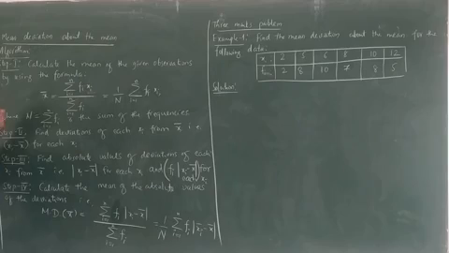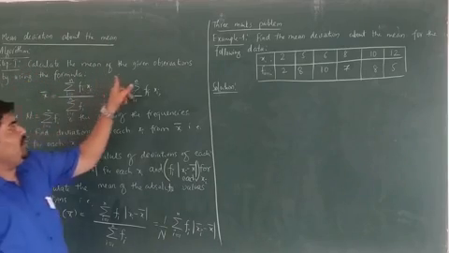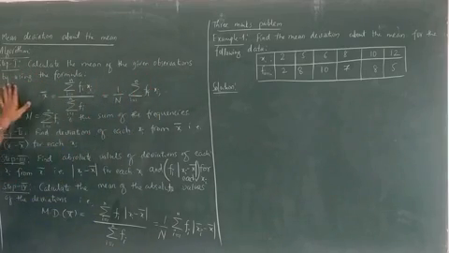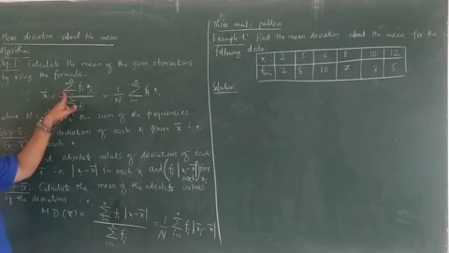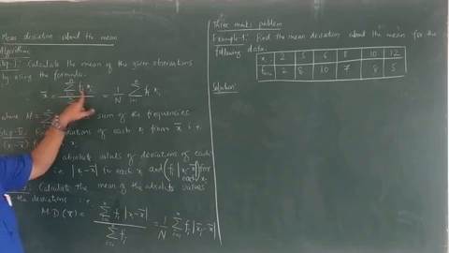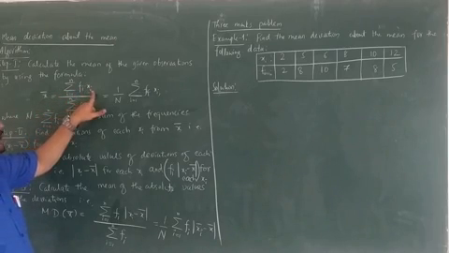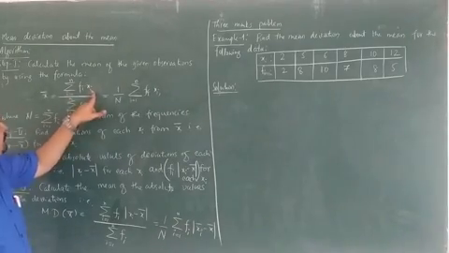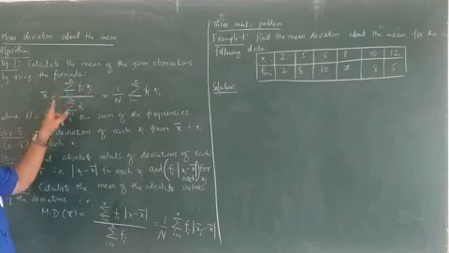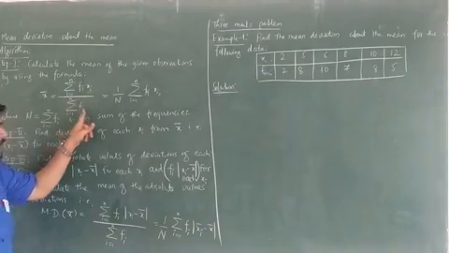So our task is to calculate the mean of the given observations by using the formula: x bar is equal to the summation of the product of each frequency with the given data point, xi fi, where i runs from 1 to n, whole divided by the summation of the frequencies.